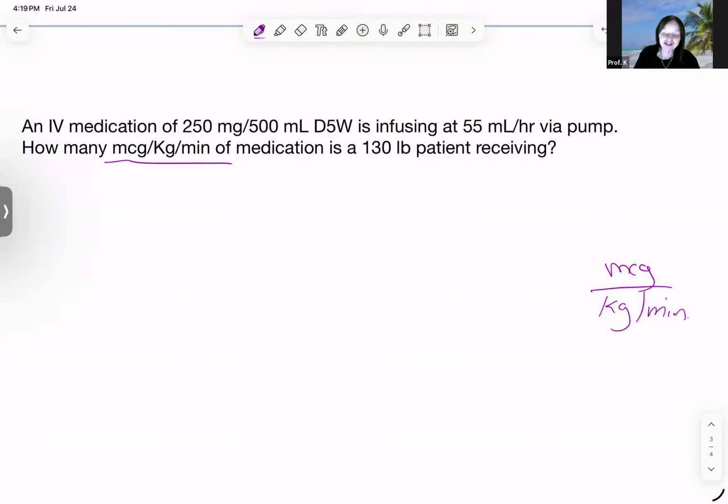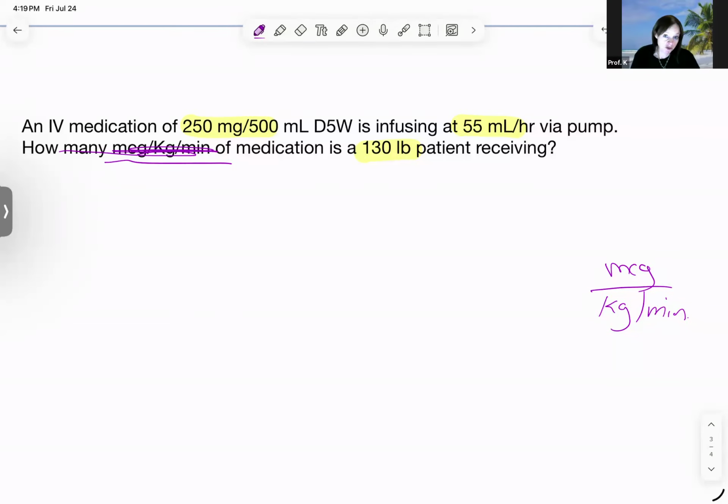So where do I start? I know where I'm going, but out of everything that's available to you, if you were looking at this, where do you think I would start my problem? I think I would start it with the medication I have on hand.